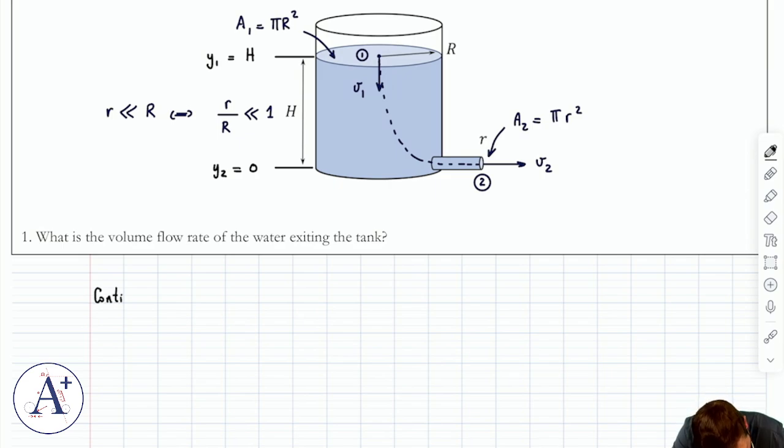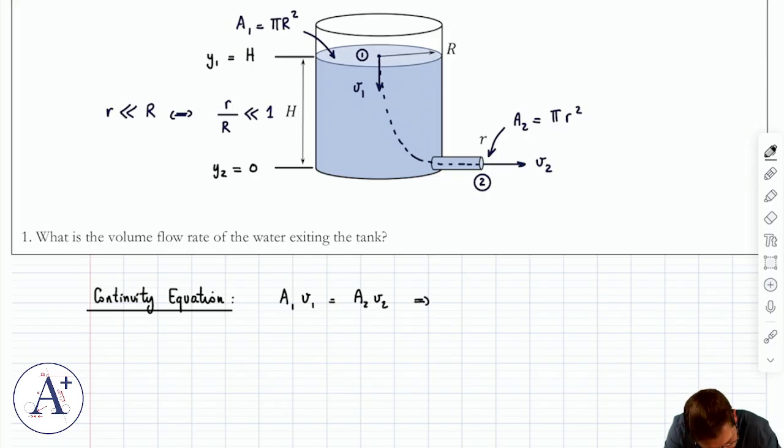Okay, so the continuity equation is going to tell me that A1V1 is A2V2. So V2 is going to be A1 over A2 V1.